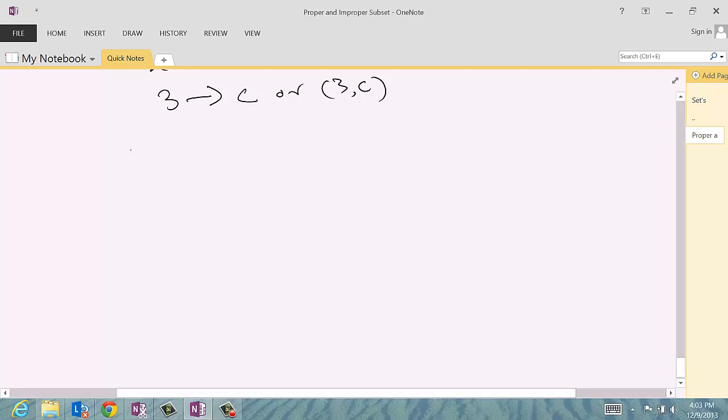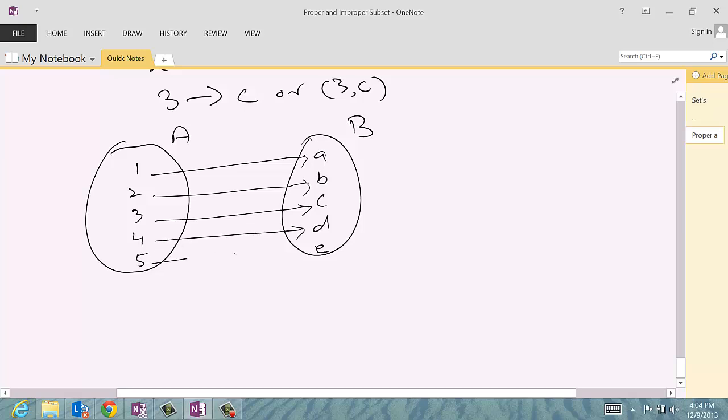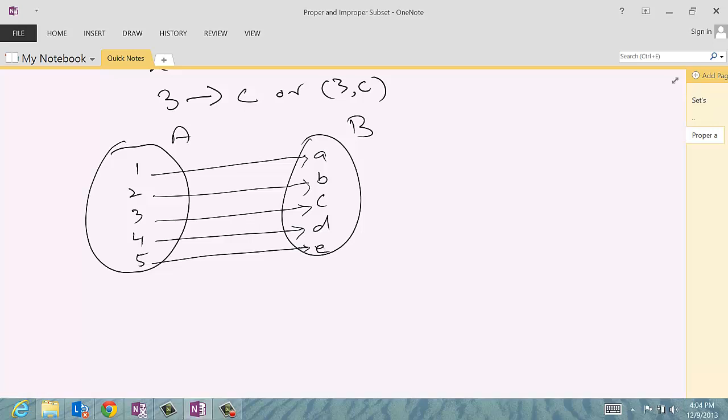If we use another method of developing this correspondence, let's say that we write 1, 2, 3, 4, 5 here as set A, and in set B we write A, B, C, D and E. We can establish this correspondence by arrow lines, and 4 has correspondence with D, 5 has correspondence with E. Now we are arbitrarily making these relations, but later we are going to develop some rules.